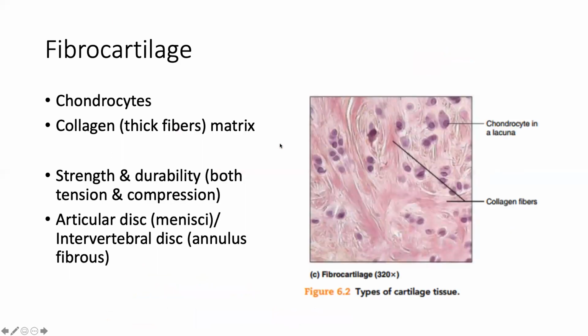These collagen fibers are thick, and therefore they are coarse and rough looking. We will use it for strength and durability for both extension and compression. The examples for these fibrocartilages are the meniscus and the intervertebral disc.